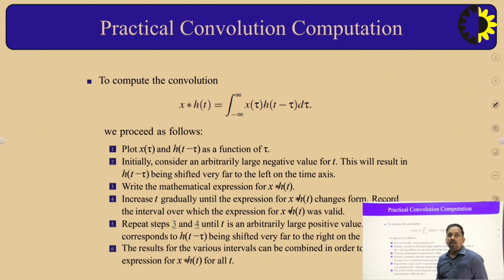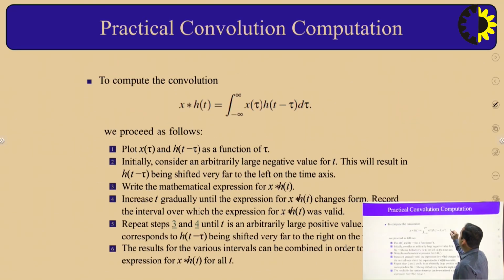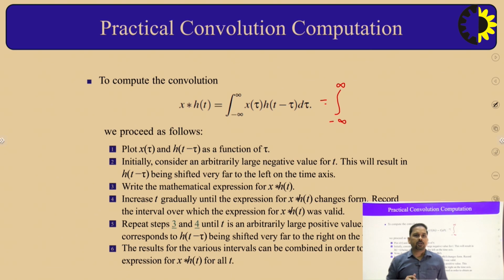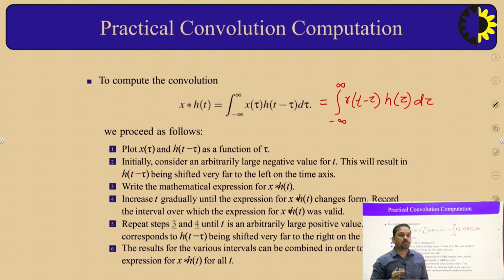This is the mathematical way of representing convolution. It can also be written as the integral from minus infinity to infinity of x of t minus tau and h of tau d tau. Later we'll see the commutative property of convolution, which lets us interchange x of tau with h of tau.